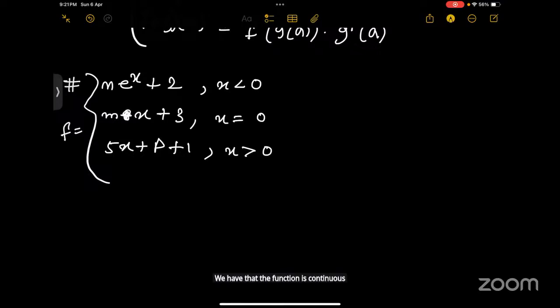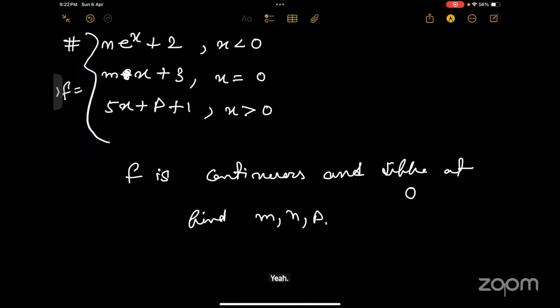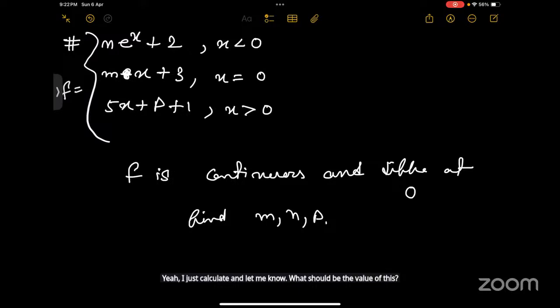Sorry, this is not plus, this is x. You just calculate and let me know what should be the value of this m, n.